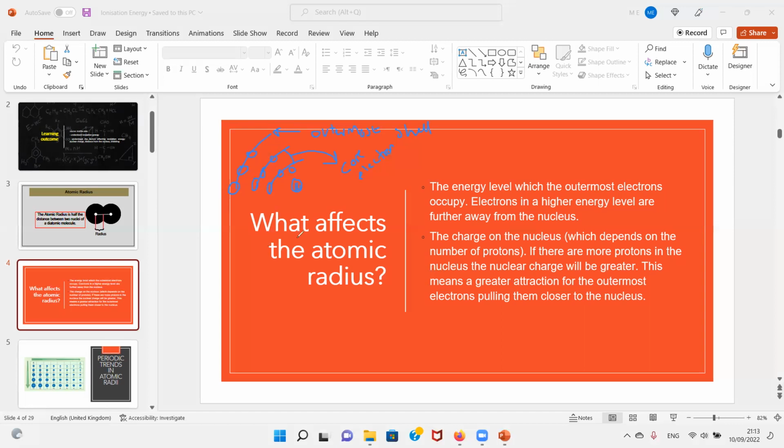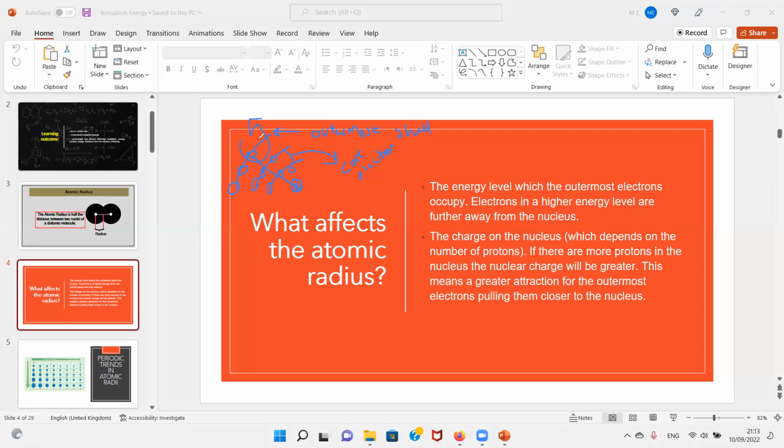So we are studying the atomic radius because it will heavily affect how these electrons are attached to the nucleus. If the outermost shell electrons are very much attached to the nucleus, it will take so much energy to remove them from the outermost shell. But if these electrons are far away from the nucleus, you require less energy to remove them.